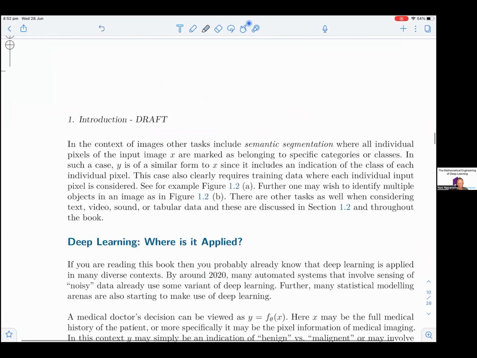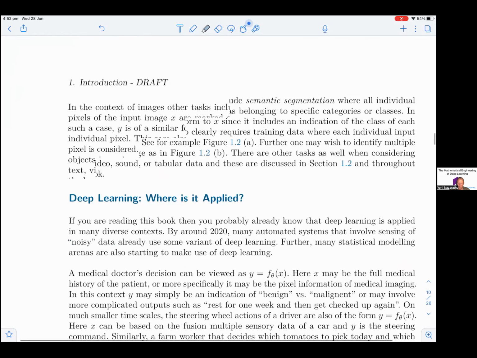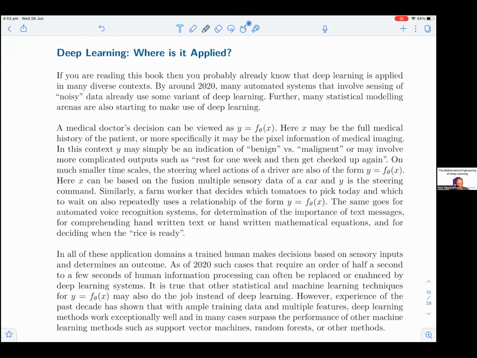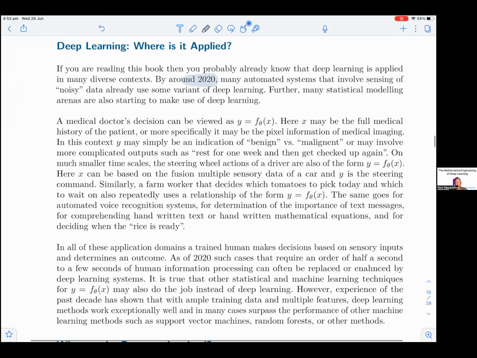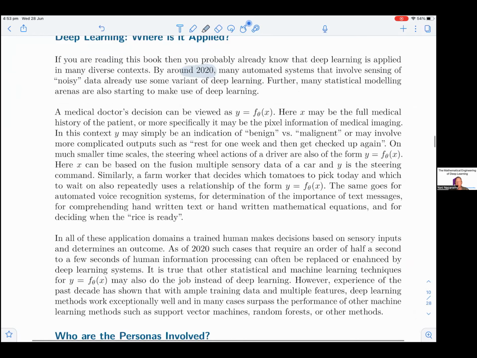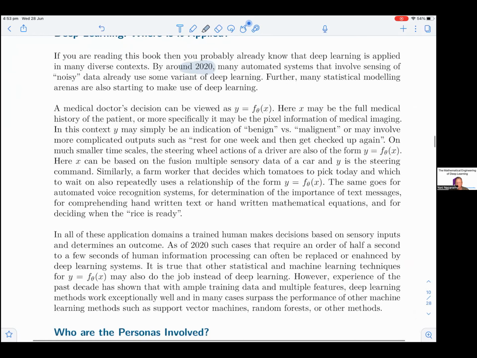Deep learning, where is it applied? If you're reading this book, then you probably already know that deep learning is applied in many diverse contexts. By around 2020, many automated systems that involve sensing of noisy data already use some variant of deep learning. Further, many statistical modeling arenas are also starting to make use of deep learning. A medical doctor's decision can be viewed as y equals f theta of x.